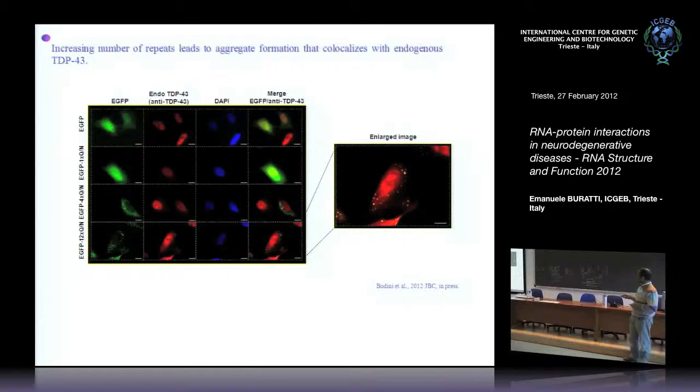And what we did then, of course, beside these solubility assays, was to see if in these cells there was the formation of aggregates, and indeed, as you can see here, we saw a rather nice formation of several dots in the cytoplasm that could colocalize both with the EGFP staining and the staining for the endogenous full-length TDP-43 protein.